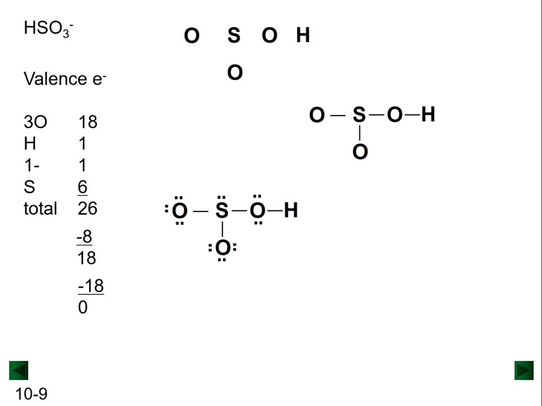We put lone pairs on the singly bonded oxygens. We only put 2 lone pairs on the oxygen that has a hydrogen in it because we don't want to go past an octet for any of the period 2 atoms. And that leaves 2 electrons remaining, and they will go on to the sulfur. So here we've used up all of our electrons. If you look, each atom has an octet.